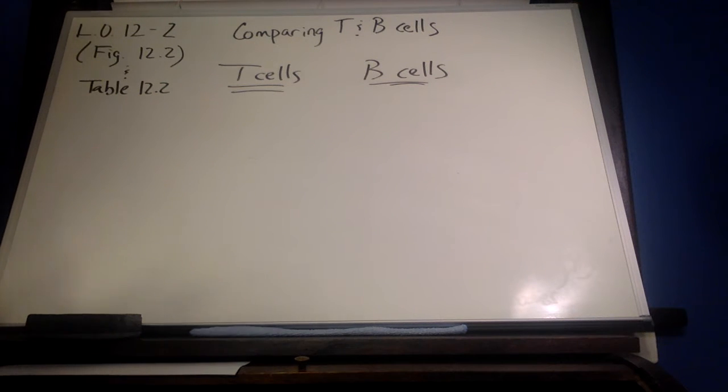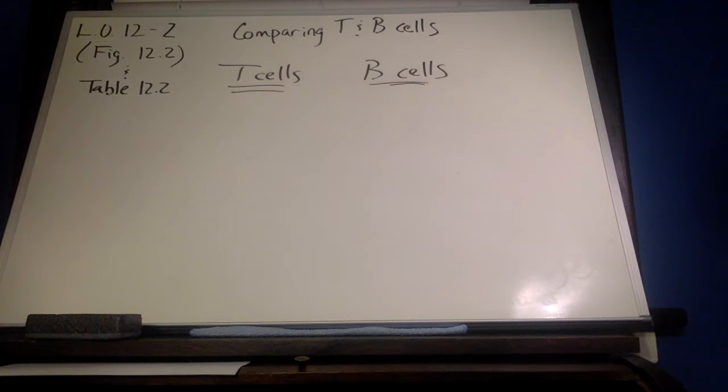Next in our learning objectives is learning objective 2, comparing and contrasting T and B cells. So we've already talked about some of the differences. You can see those in figure 12.2 that I discussed in learning objective 1.5. And then they've made a big summary of the difference between these two at the end of the chapter in table 12.2.